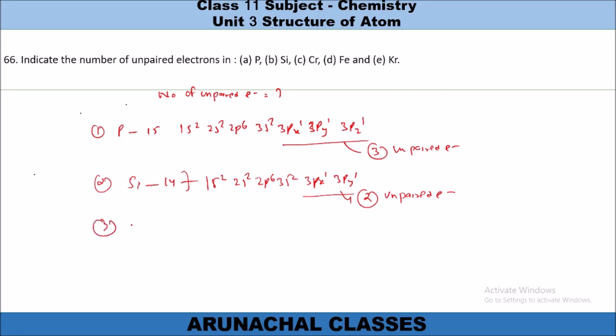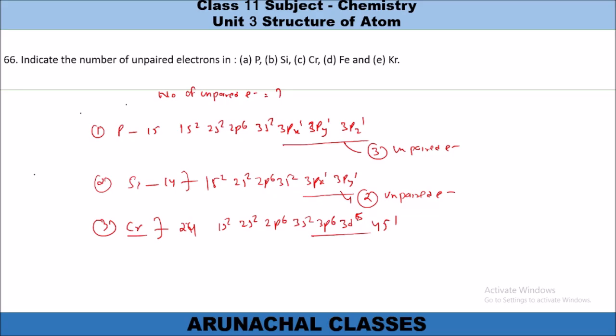Going to the third one, that is chromium. Chromium's atomic number is 24. Its configuration will be 1s2, 2s2, 2p6, 3s2, 3p6, 3d5, 4s1.